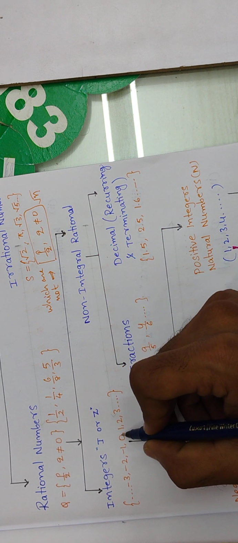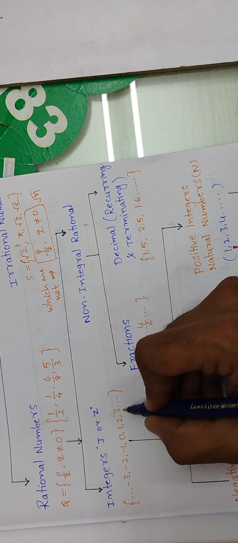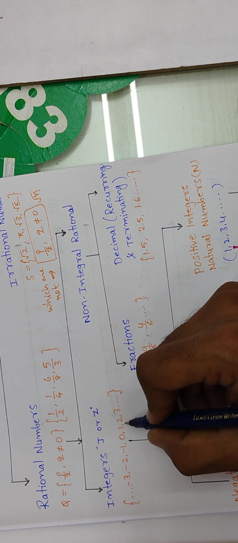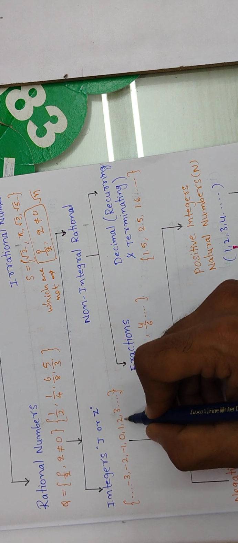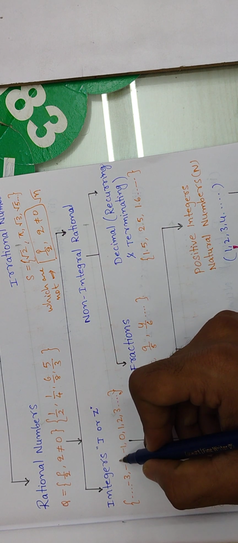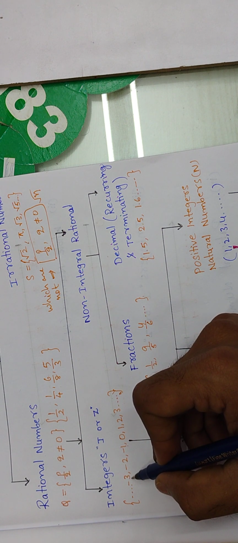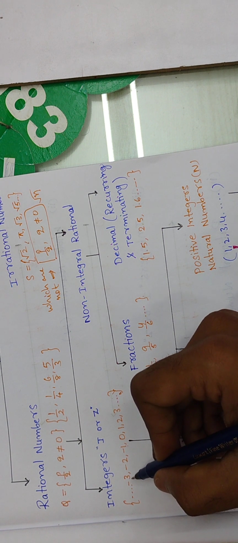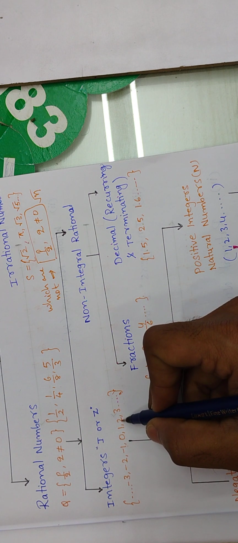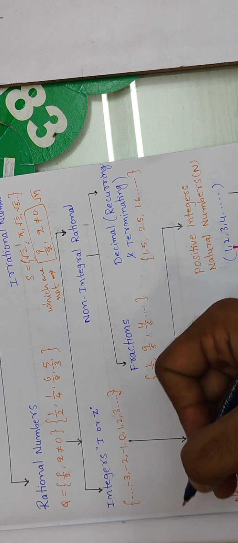Here 0 is the center; on the right-hand side of 0 are the positive numbers 1, 2, 3, meaning all natural numbers. On the left-hand side of 0 are the negative numbers -1, -2, -3. Positive numbers, negative numbers along with 0, we call integers.